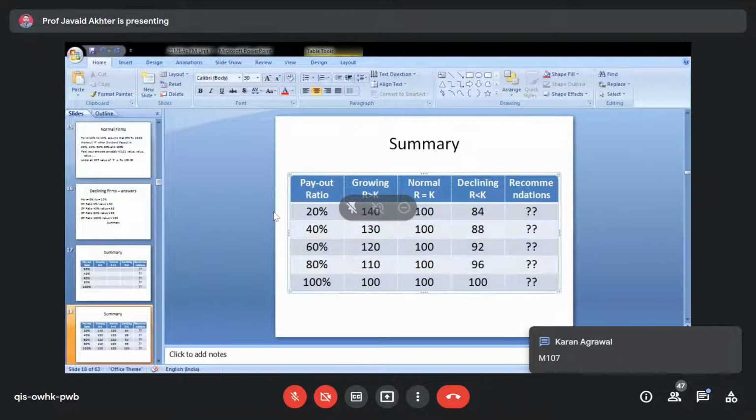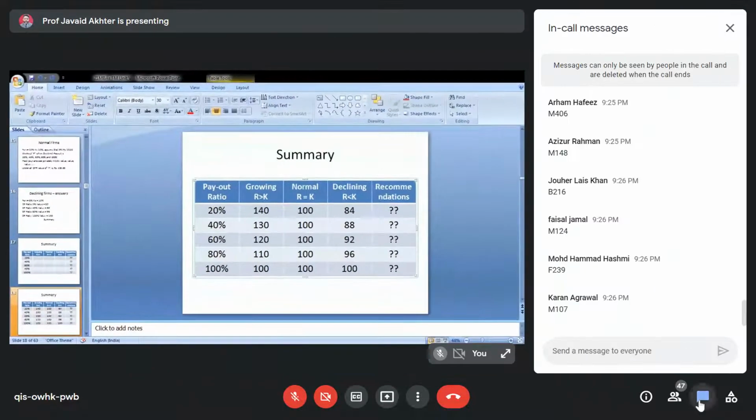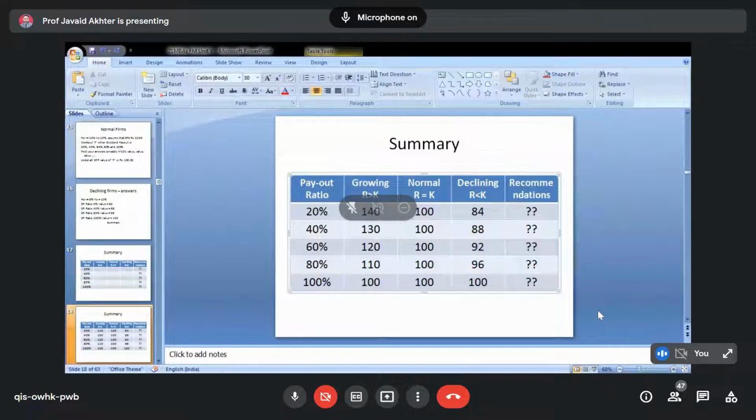Which firm are you a shareholder in? Correct. We are discussing a growing firm. So you want the dividend to be paid. Am I right? Correct. How much? We have given a range. Should it be 20% or 100%? Or any range?